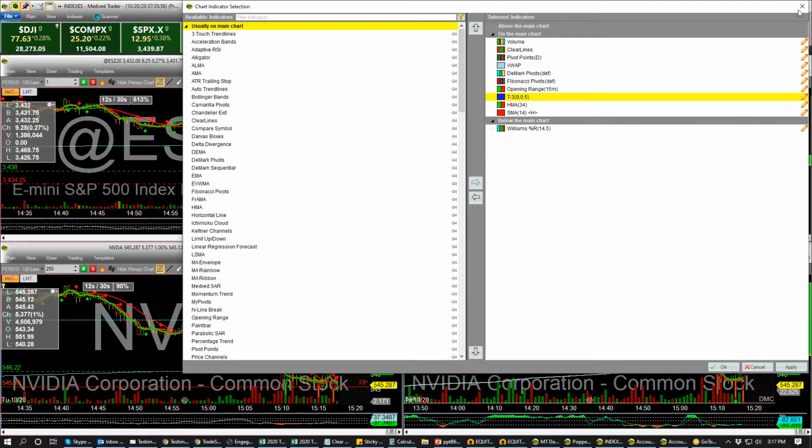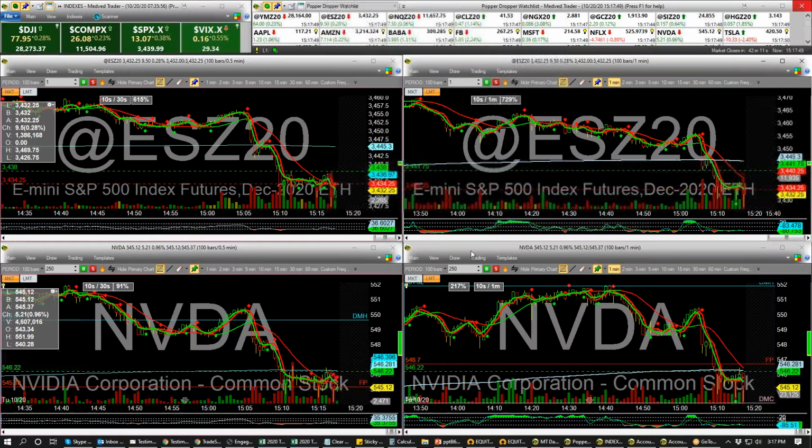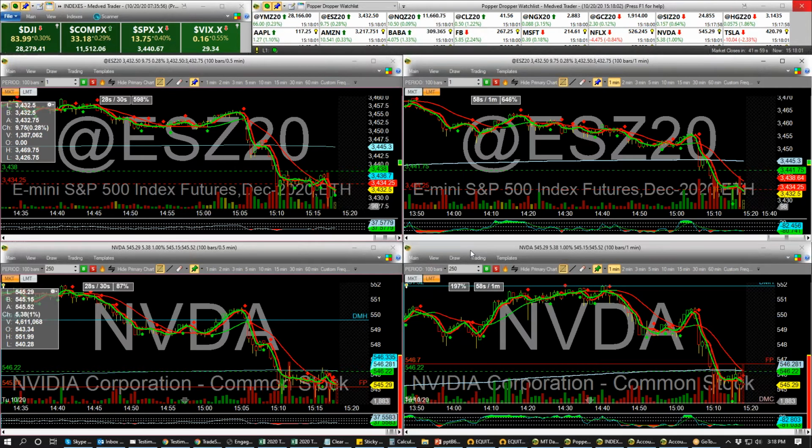I tried to play with the amplifier and I couldn't figure anything out with it. There was nothing there that I felt was beneficial. You could do either the T3 9 period or the HMA using the 34 EMA as the line. Like I said, they're both pretty close.